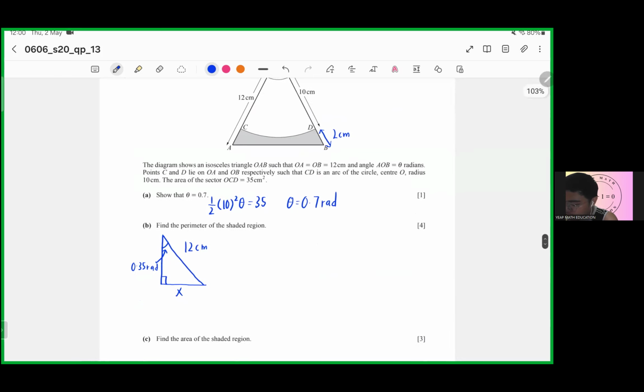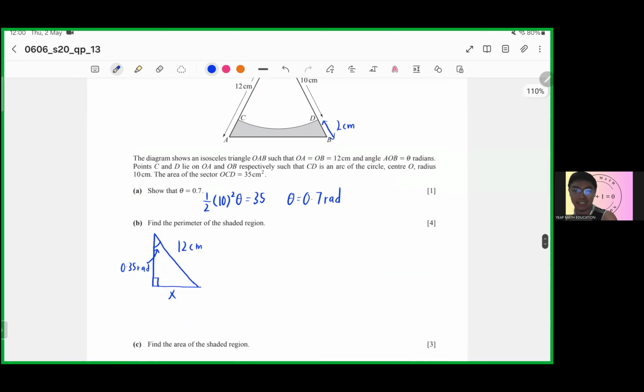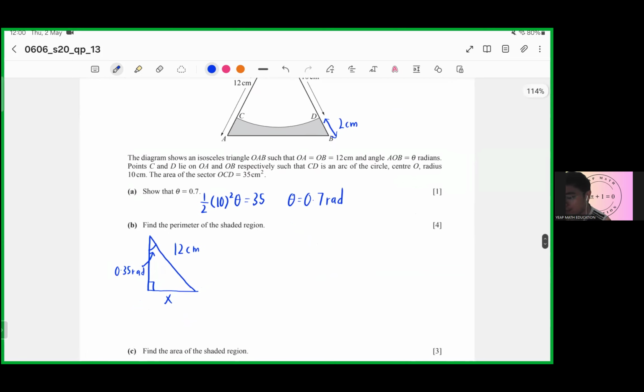Now we need to find the value of x this way. What trigonometry formula can we use? We can use sine. Sine 0.35 equals x over 12.